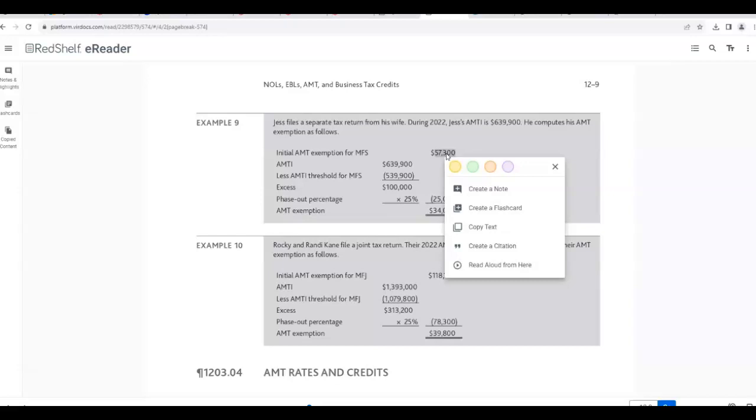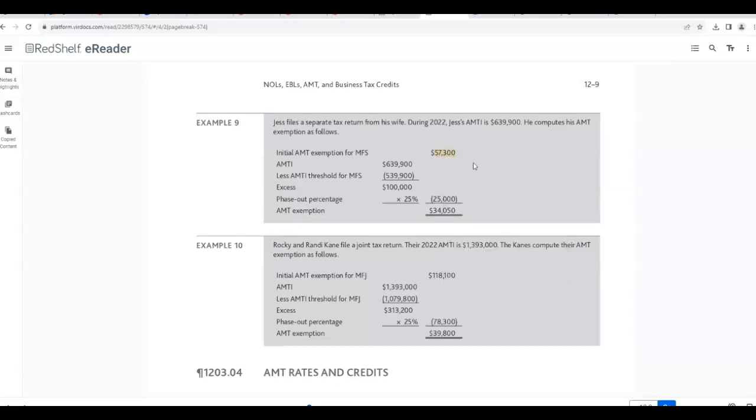Right now, it's 59,050. Whatever it is, let's say this is 59,050. For 2022, this is 59,050. That original exemption minus the phase-out of 25,000, your exemption is a new dollar amount, let's say $34,000. That's your exemption. Got it?